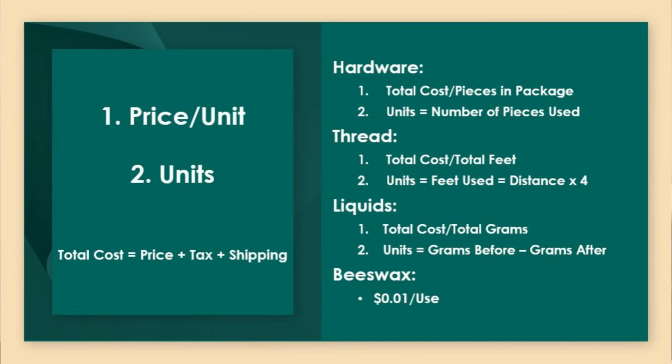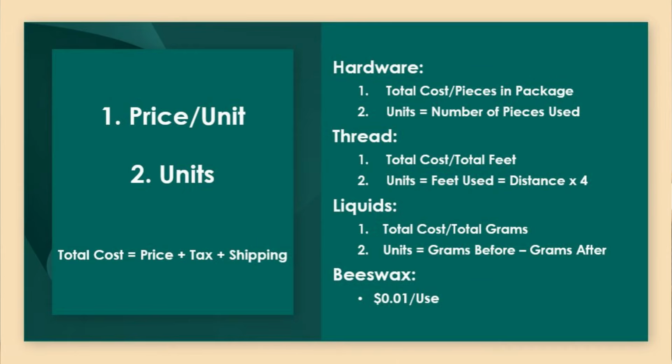Price per unit is the price per foot that I use for threads. And then I do price per gram for liquids of all kinds. And then I just throw in a penny anytime I need to work on edges with the beeswax.